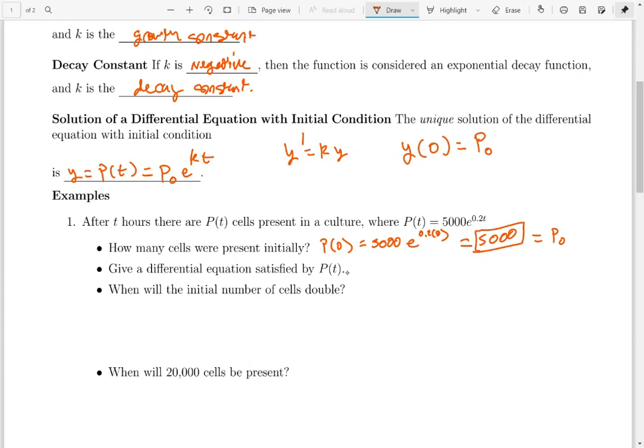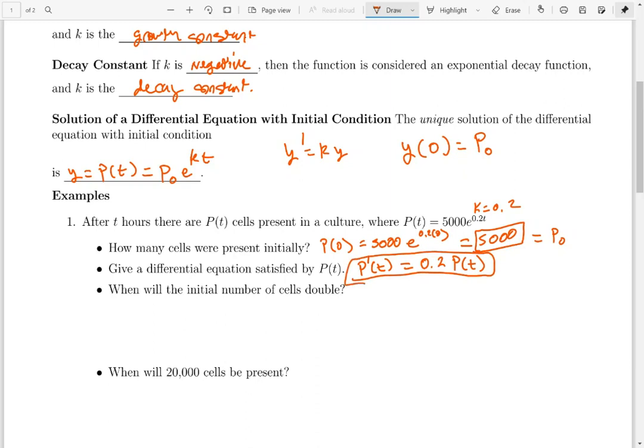And so I'm going to write that in terms of my function P of t: my function prime is equal to my constant k, but remember that k here was 0.2, so that's going to be 0.2 times my function P of t. And so that's actually the differential equation satisfied by the function that we're looking at.